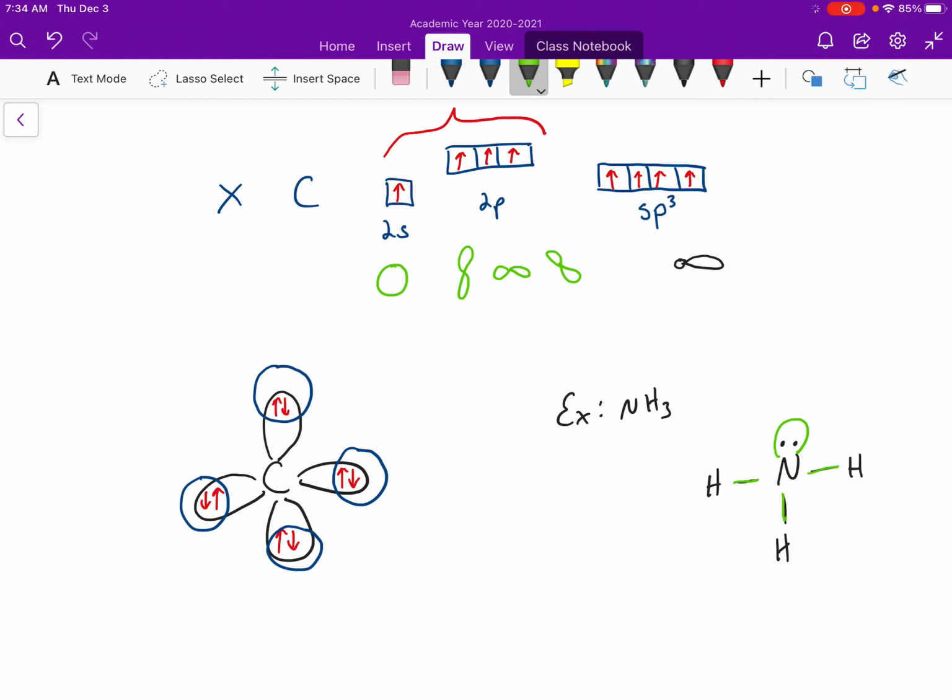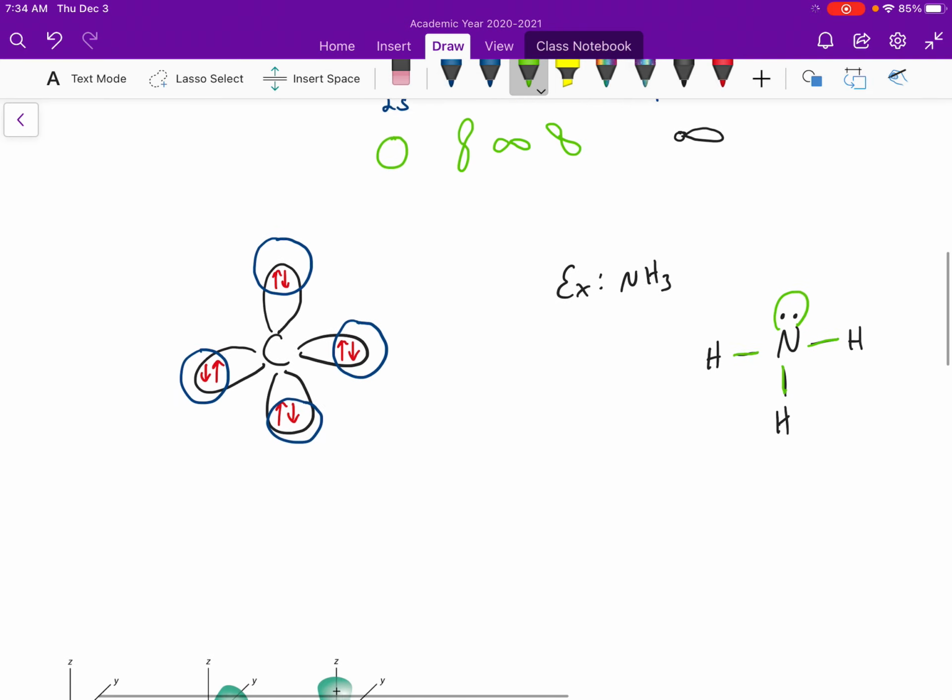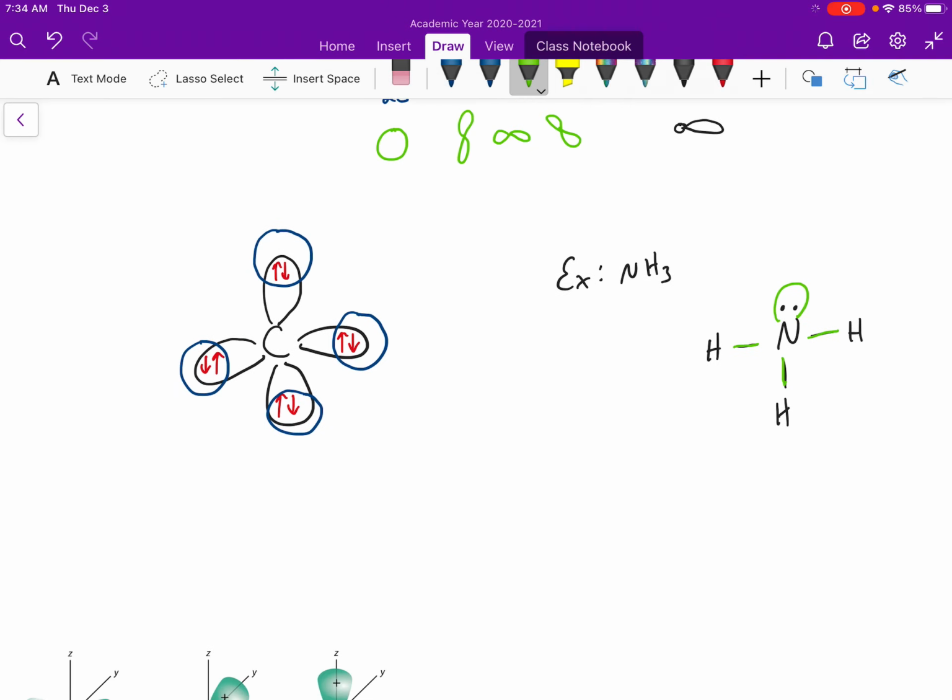And so the thought is this would also hybridize. It's just that one of its hybrid orbitals would have 2 electrons of its own. So if we were to draw this like we drew the carbon over here, we would draw the nitrogen with its 4 new hybrid orbitals. And then it would have 1 of its own, 1 of its own, 1 of its own, 2 of its own.